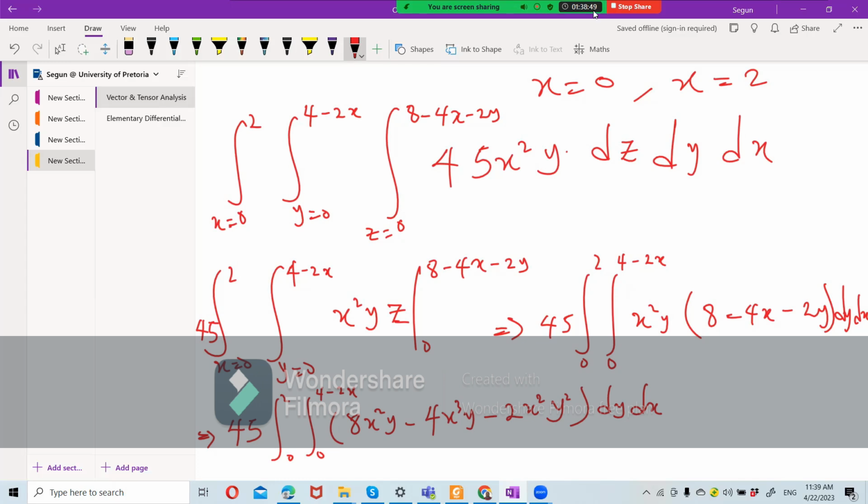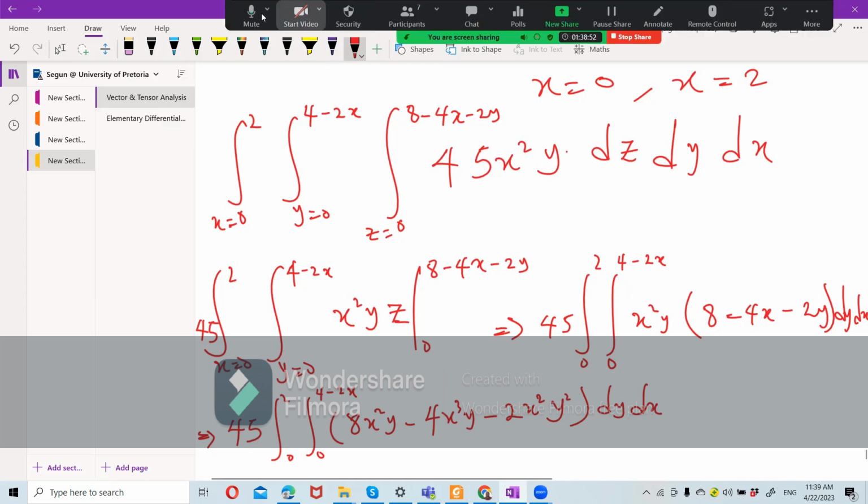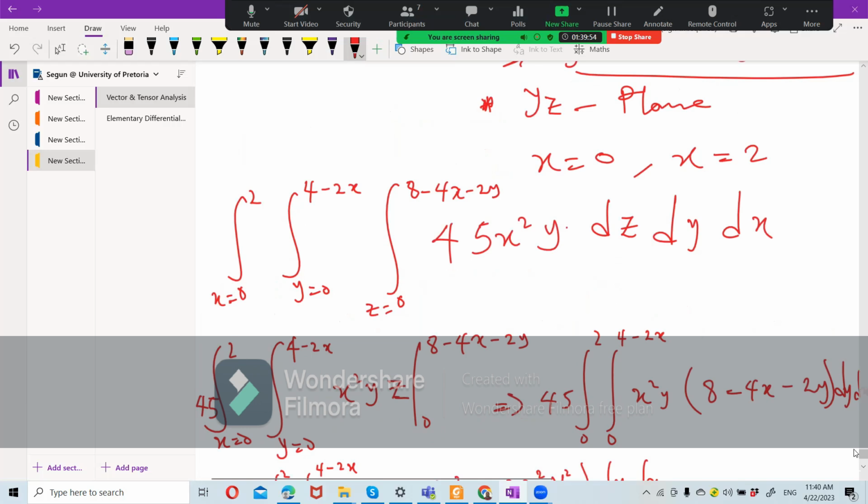So can we solve this one? Please, everybody start integrating the y. Let me see. So if you look at it, to integrate this one is simple.